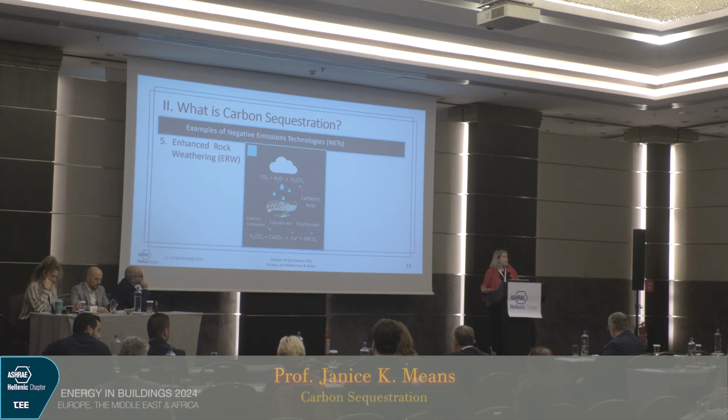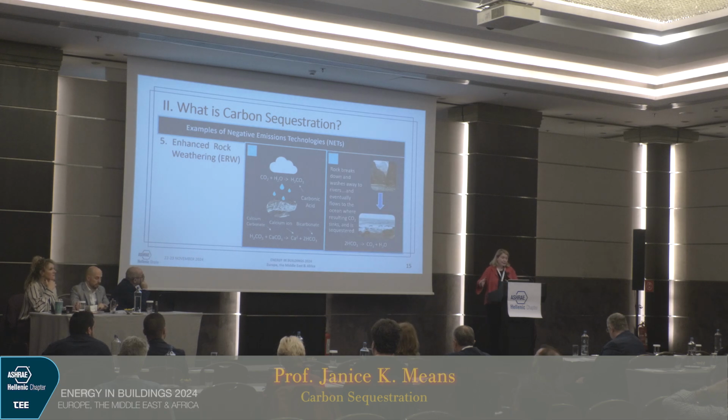So that combined with the carbonic acid leaves you with carbonate ions and bicarbonate. The bicarbonate is then, or the rock rather, breaks down. It goes into lakes and rivers and eventually makes it to the ocean, where it then breaks back down into CO2 and water. The CO2 is heavier, it sinks to the depths of the ocean where it is stored.